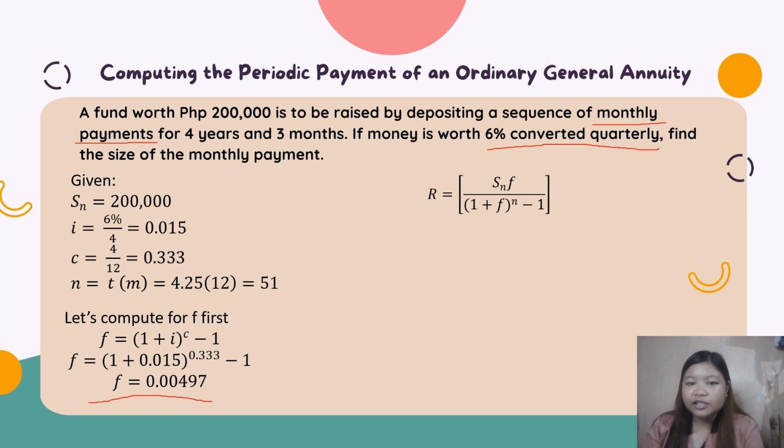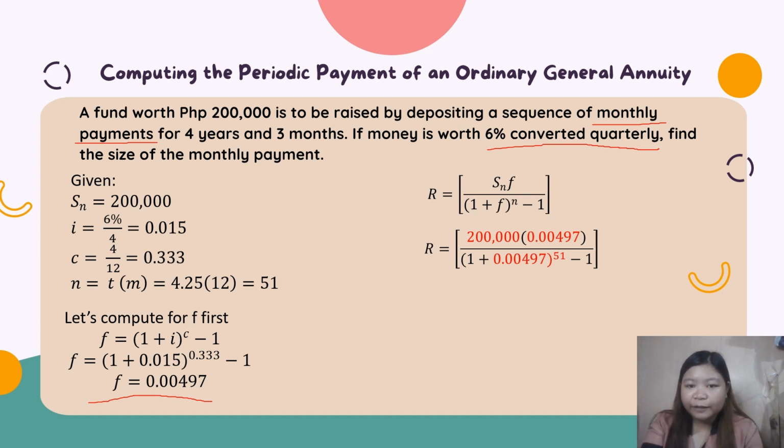After all this, we will substitute our values in our formula in finding the periodic payment. So we have R is equal to S sub n times f, all over (1 plus f) raised to n, minus 1. So we substitute all the values: 200,000 pesos times 0.00497, all over (1 plus 0.00497) raised to 51, minus 1.